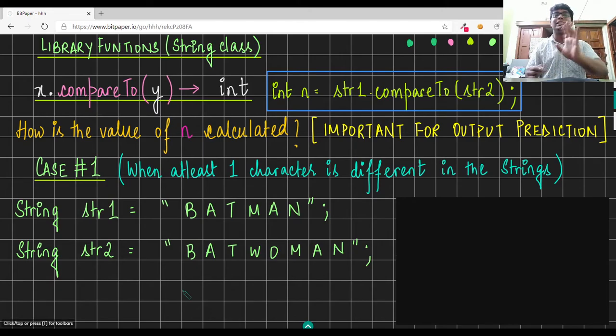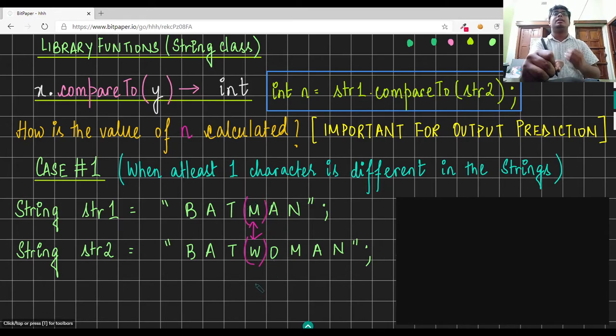So here, for example, I have two strings, str1 and str2. These two strings are different in many places, right? But the first place in which they are different is this. BAT are the same in both strings, but they are different at these two characters first.